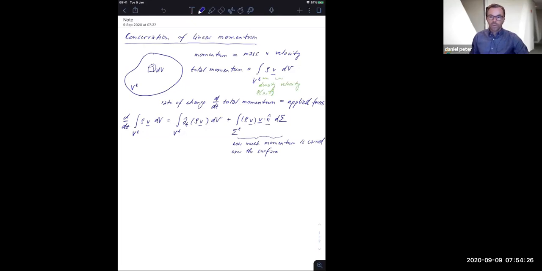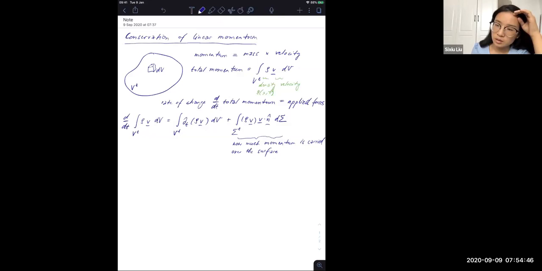So is that clear? From last time, we looked at conservation of mass. We also had these two terms: the part where we looked at the changes inside the fixed volume, and then the flux part, which takes this quantity in or out.